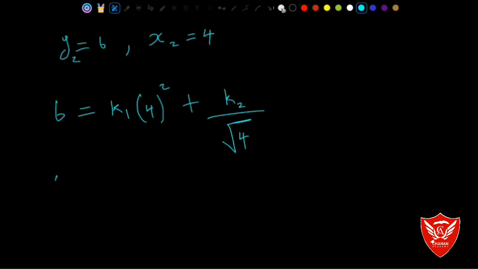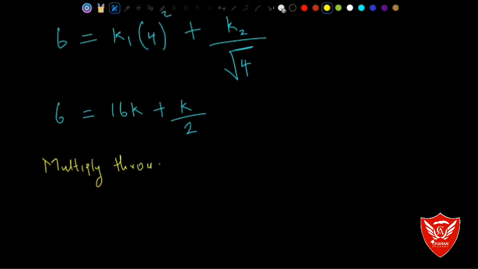Now this is going to be 6 equals 16k1 plus k2 over 2. So let's multiply through by 2. If we multiply through by 2, we are going to have 12 equals 32k1 plus k2. Don't forget, this is k1 and this is k2. This is what we are going to have, and let's call this equation 2.